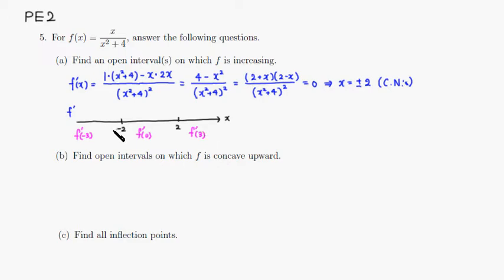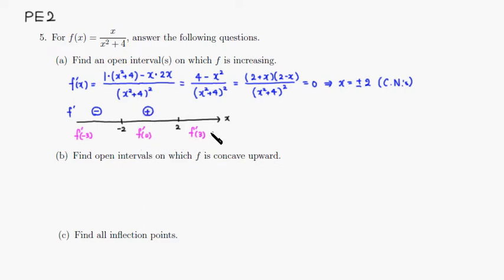If you plug in negative 3, the easy one is probably the numerator: 4 minus negative 3 squared would be 4 minus 9, so that's negative. The denominator is always positive, so this gives us a negative value. If you plug in 0, that's 4, which is positive, and the denominator is always positive.